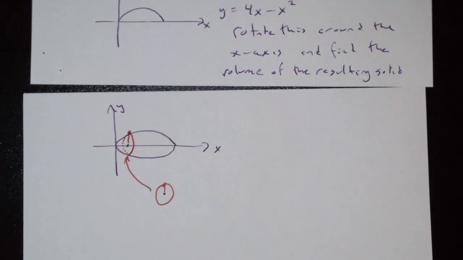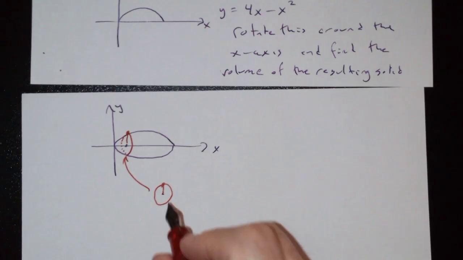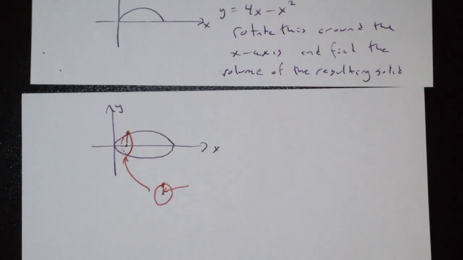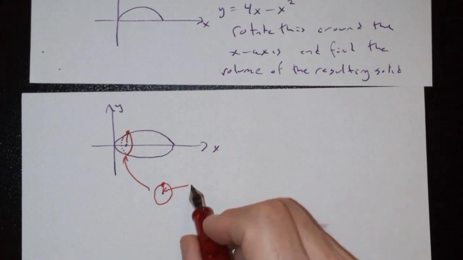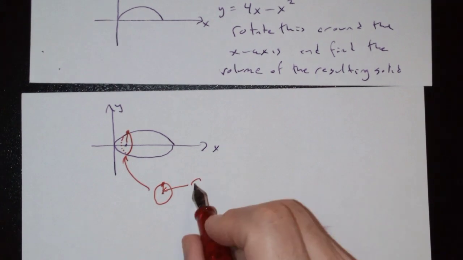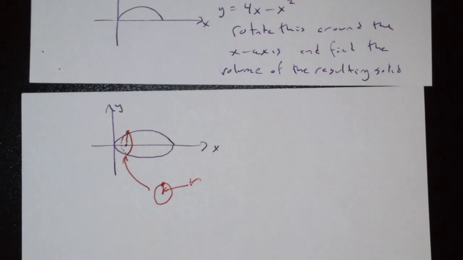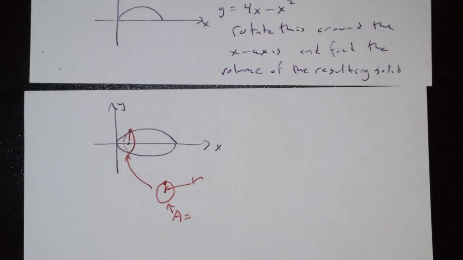And I've got that. This is the radius of my circle, isn't it? And that means that the area of this circle is, form the area of a circle.